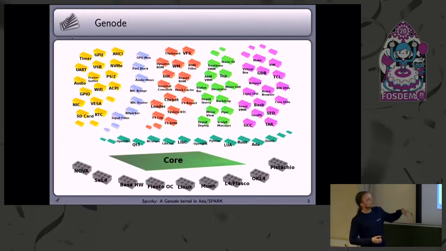Then on top of that, you have several applications. These green bricks here are native applications that run natively on Genode. For instance, there are depot query and depot deploy, which are tools for the package management that Genode brings. Or the Sculpt manager, which is a managing component for our desktop system.